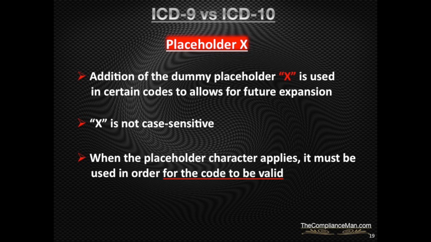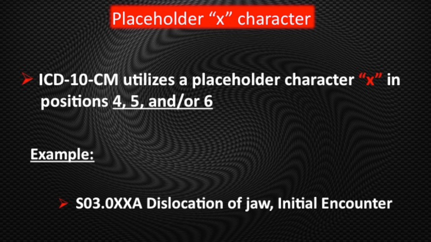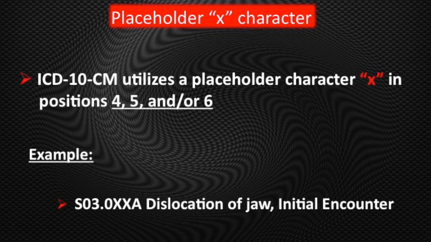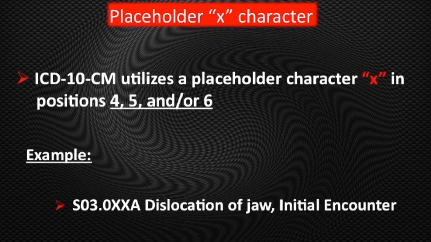The X itself is not case sensitive, and when the placeholder character applies, it has to be used in order for the code to be valid. So for example, the X placeholder is usually either in positions 4, 5, or 6.